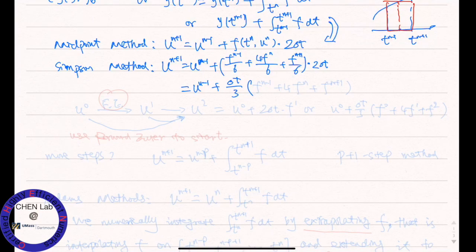Cancel 2 with 6, you get f_{n-1} plus 4 f_n plus f_{n+1}. The first observation is that it's implicit. You need to solve for u_{n+1}.